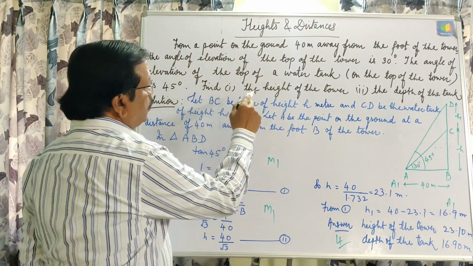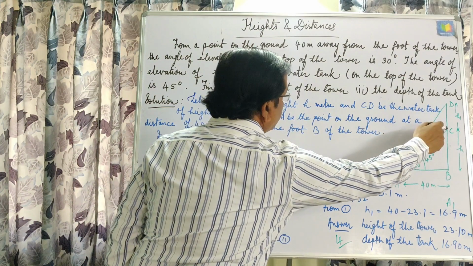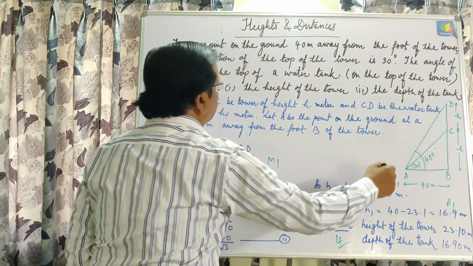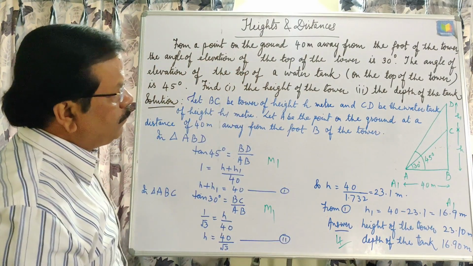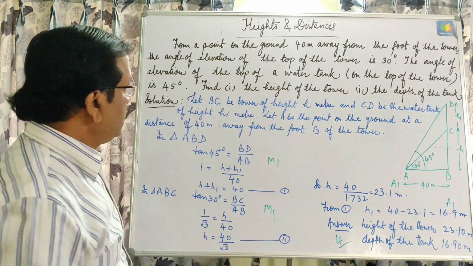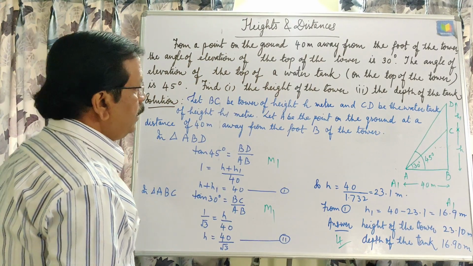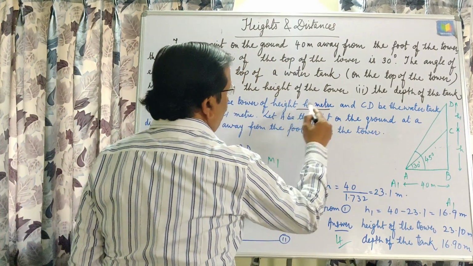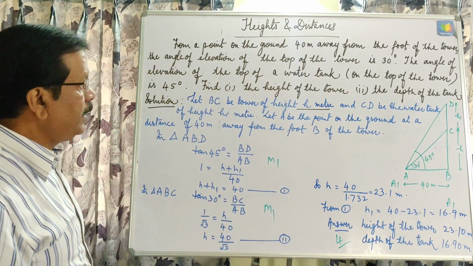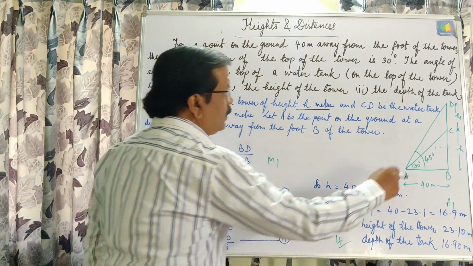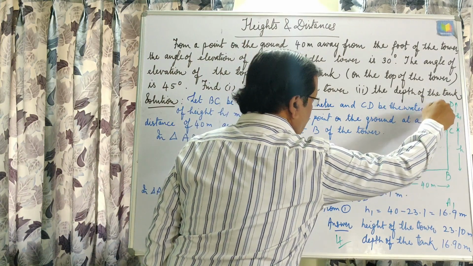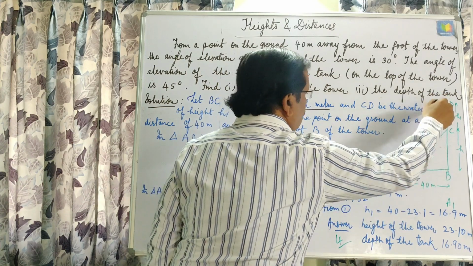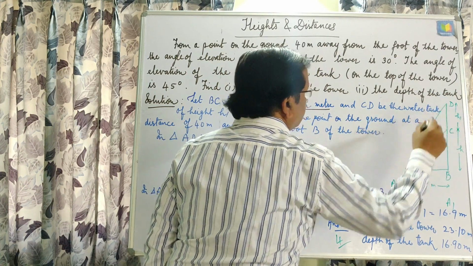The angle of elevation of the top of the water tank, which is kept here at point C, is 45 degree. Find the height of the tower and the depth of the tank. Now here you can see, this is the tower, which we assume is of height h meter, and CD is the water tank having depth h1 meter, meaning ultimately we will have to calculate h plus h1.